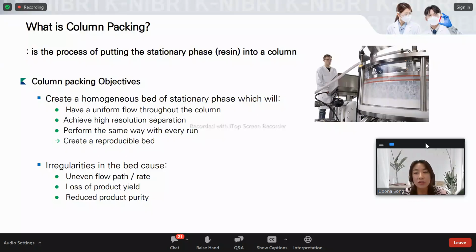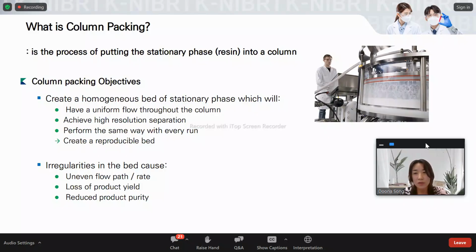However, a heterogeneous bed can cause uneven flow paths. This can lead to inconsistent results and loss of product yield. We may lose some of our desired product because of the heterogeneous bed, and also reduced product purity.